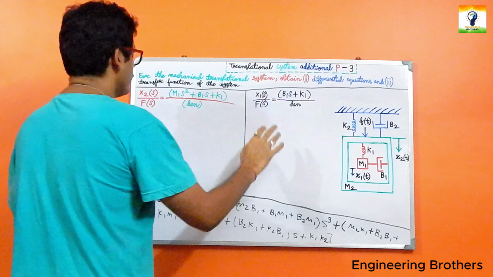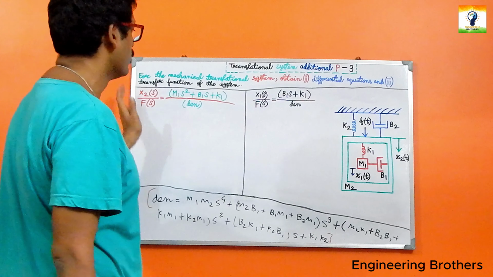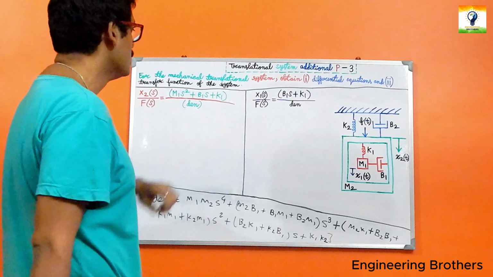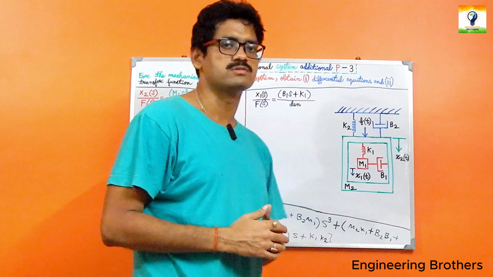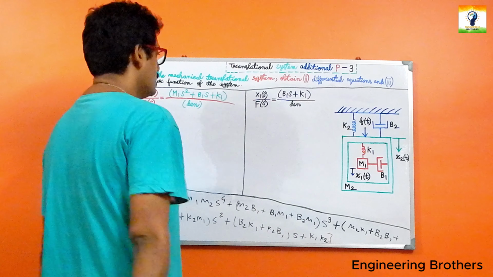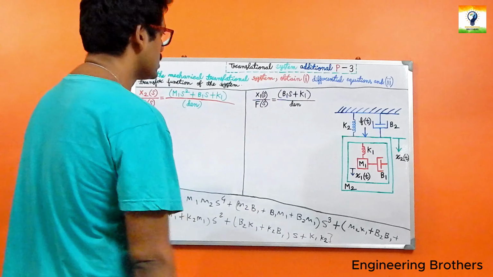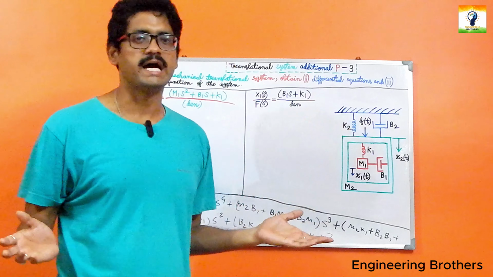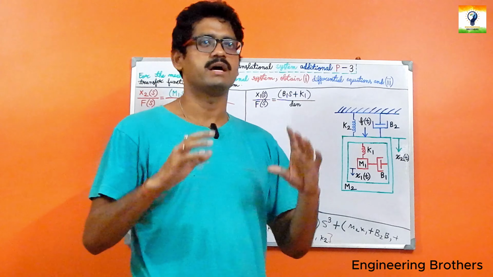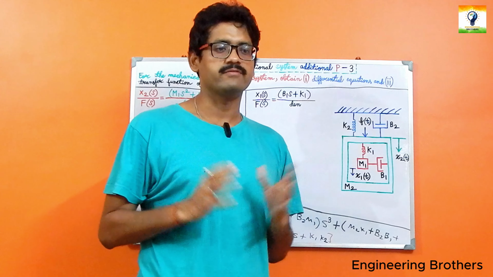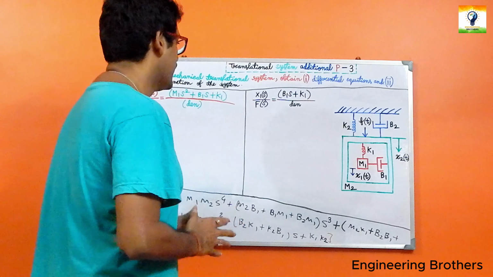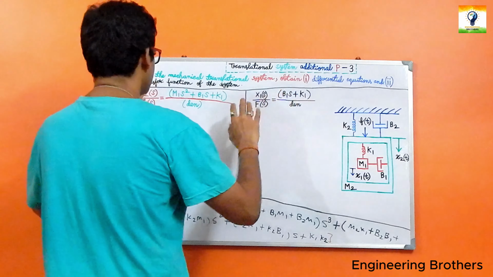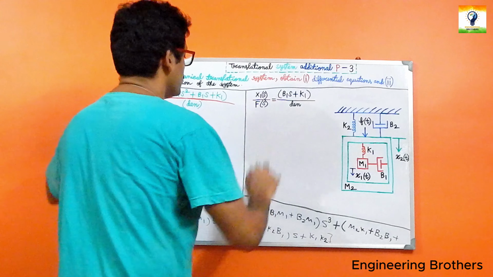So both these ratios have the common denominator, which is this one. After this solution, I no longer need to find the denominator, because we have realized that the denominator for X1(s)/F(s) and X2(s)/F(s) is the same.